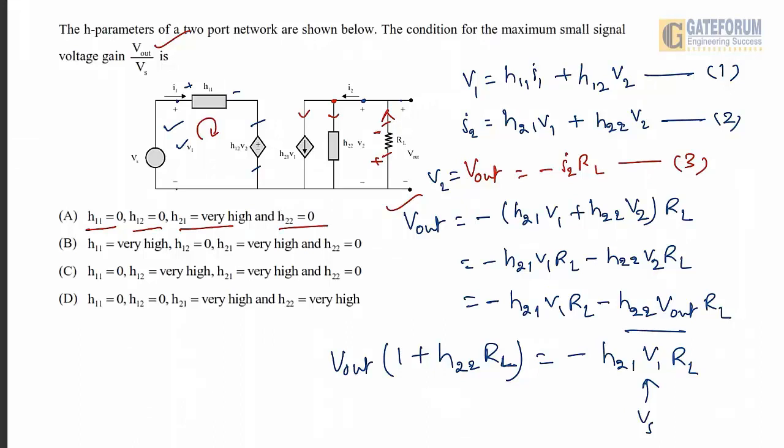As per the derivation, to make V out by Vs maximum, we got this, and it matches option A. So option A is the right answer for this question, and this is the end of the explanation for this question.